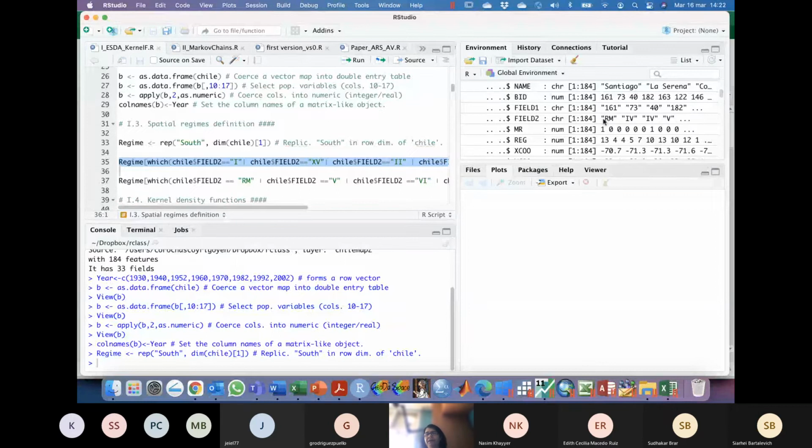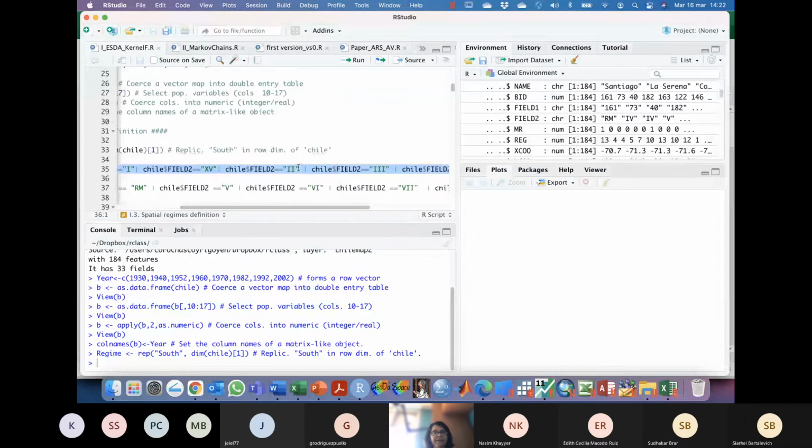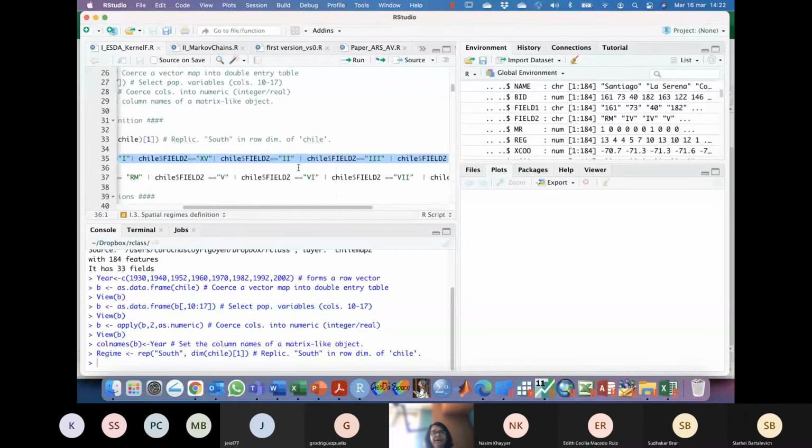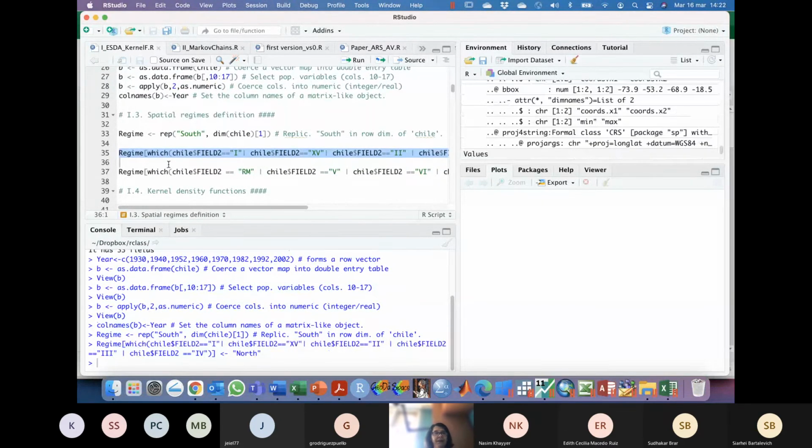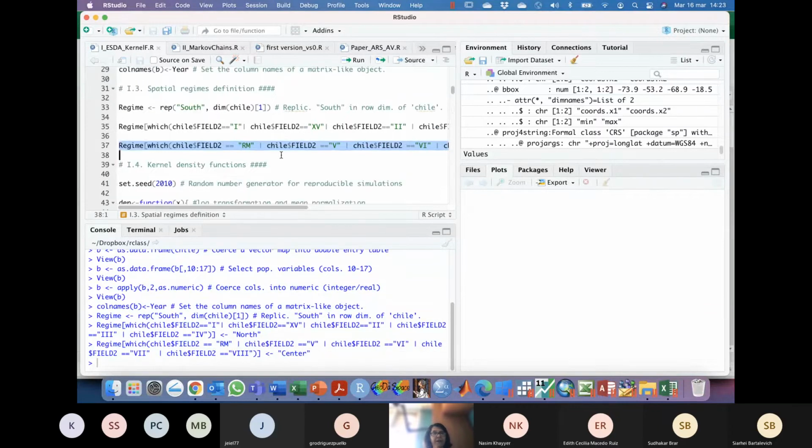The regions are named with Roman numbers, with the exception of the metropolitan region. So I identify the rows that belong to each regime. The south was already written. This first one was the north, and this other one is for the metropolitan region, the central area in Chile.